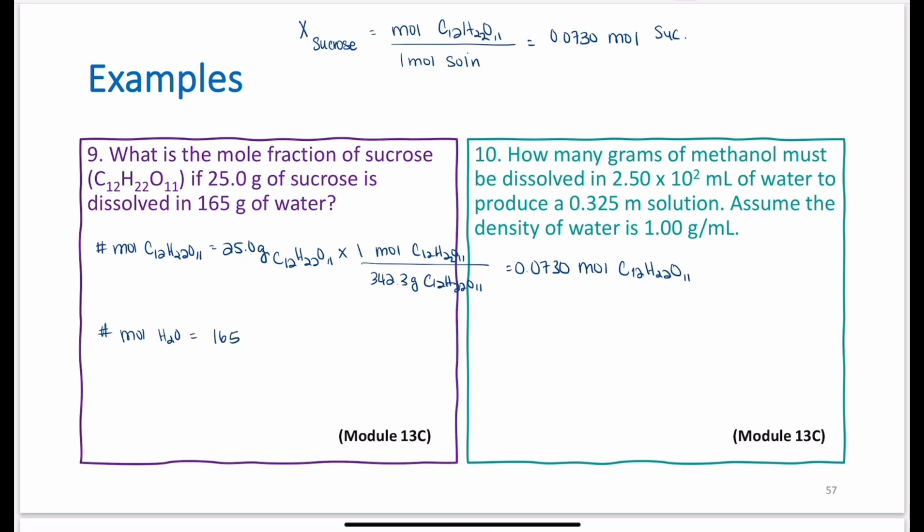Okay, number of moles of water. I've got 165 grams of water. I know 1 mole of water weighs 18.02 grams. This gives me 9.15 moles of my water.